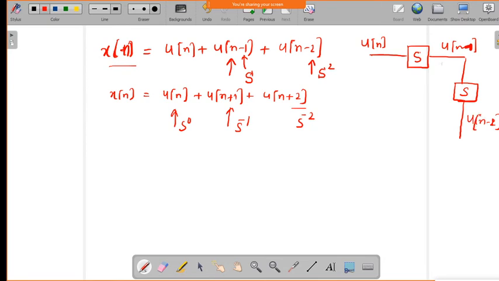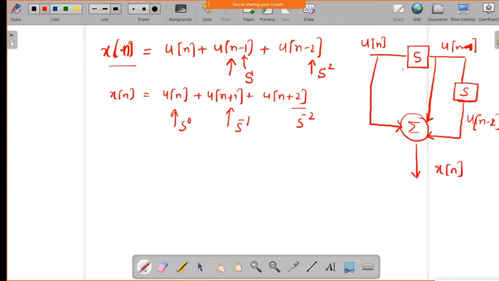Now I need to connect all these: u of n minus 1, u of n minus 2, and u of n also. If I add all these, I will get x of n. So this is how the interconnections will be done. This is about how systems can be interconnected by using delay units.